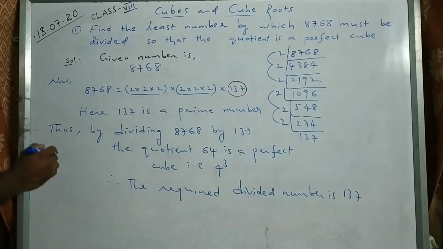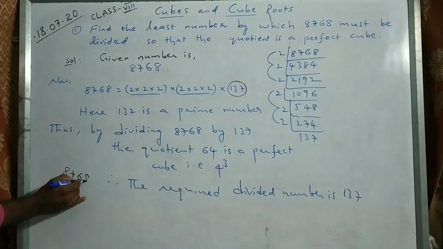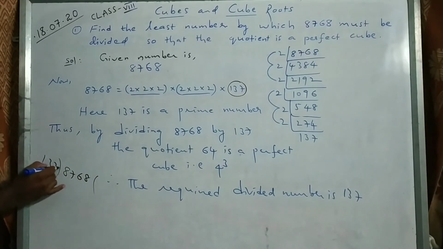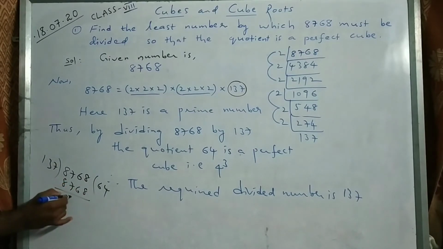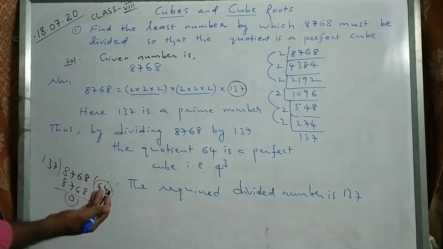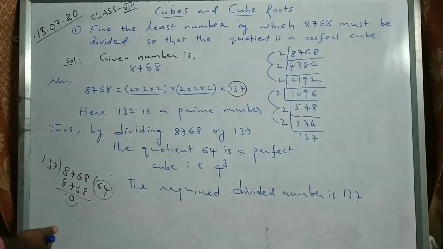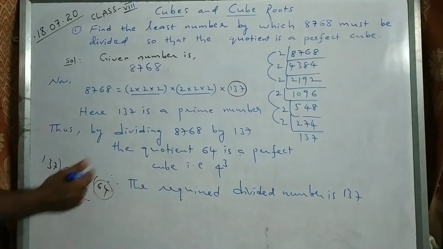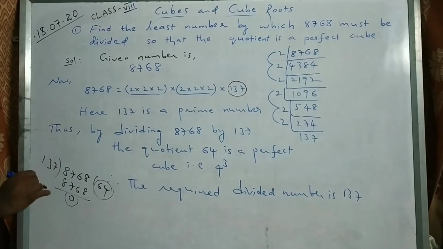If I divide 8768 by 137, I will get 64 exactly, remainder 0. This 64 is already a perfect cube, 4 into 4 into 4. So the number to divide by is 137, and the quotient 64 is a perfect cube.